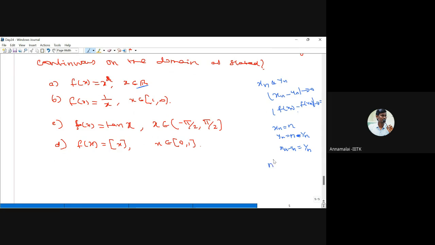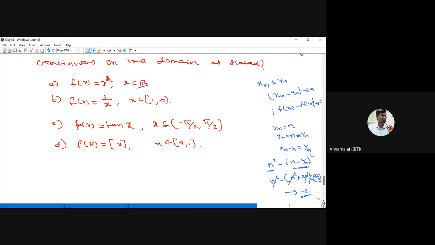It is n square, and f of yn is n plus 1 by n whole square. If you substitute, this is n square minus (n square plus 2 plus 1 by n square). So if you multiply out, we can cancel everything: n square cancels, and 1 by n square goes to 0. It converges to minus 2, anyway it does not converge to 0.